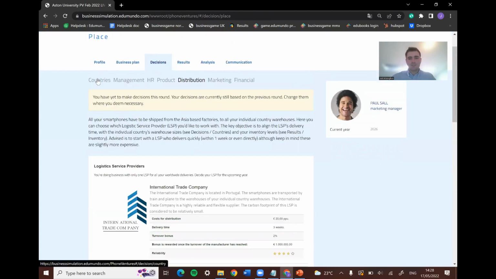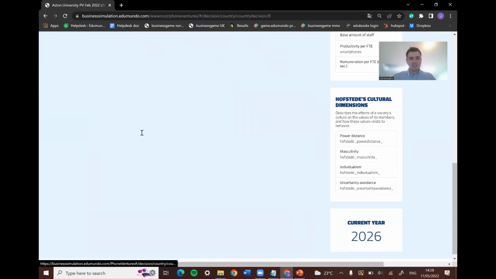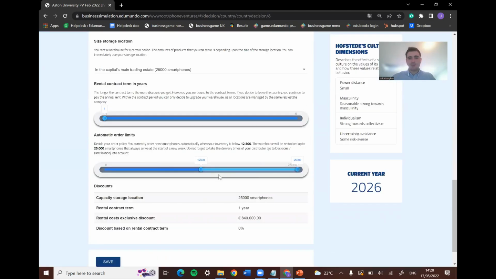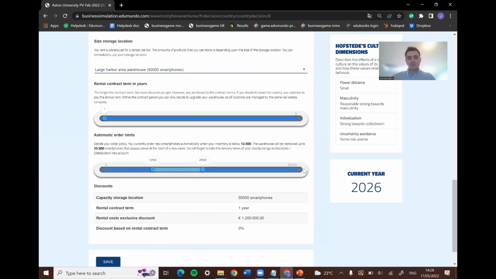What we're going to do, head back to countries and back to the United Kingdom, and at the bottom we can see that the max at the moment is 25,000, which probably isn't quite enough for the demand that we're currently experiencing. What we're going to do, increase our warehouse size and increase these automatic order limits.